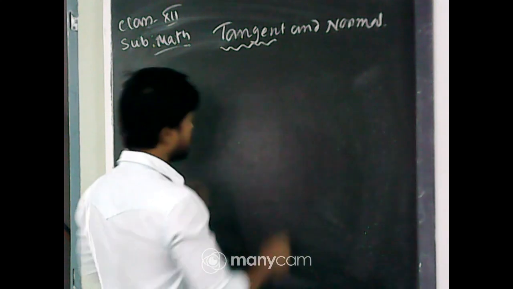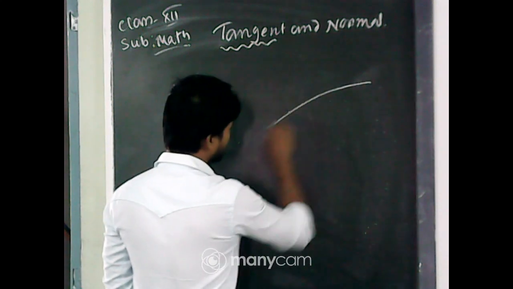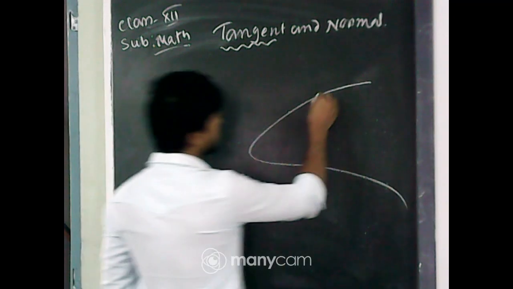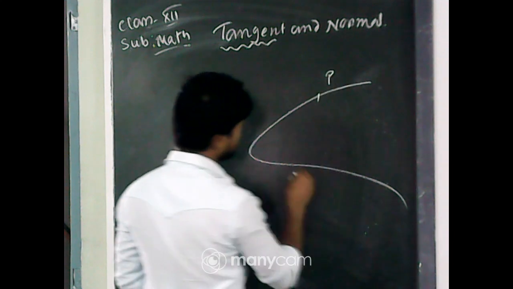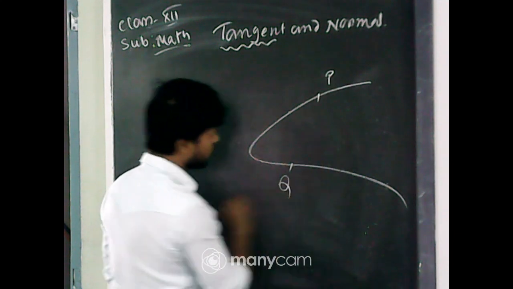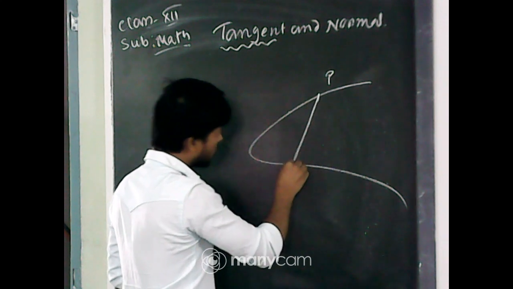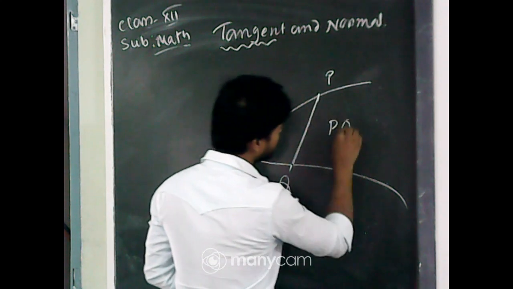But before starting that, this is a curve, any curve. Let us consider two points on the curve, P and Q. If I join P and Q, can you tell me what is the name of the line PQ?